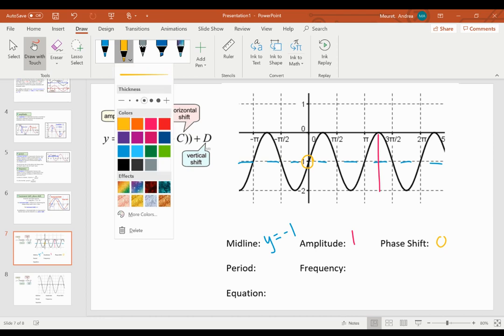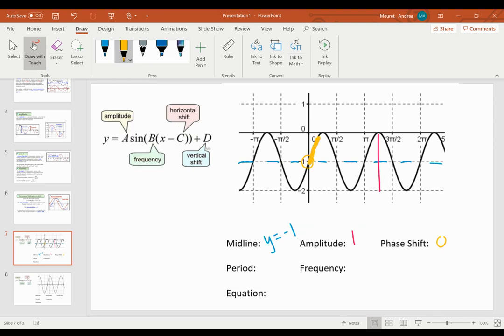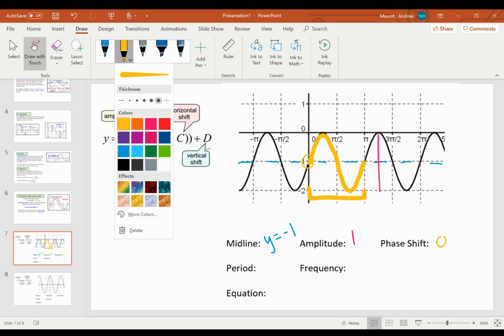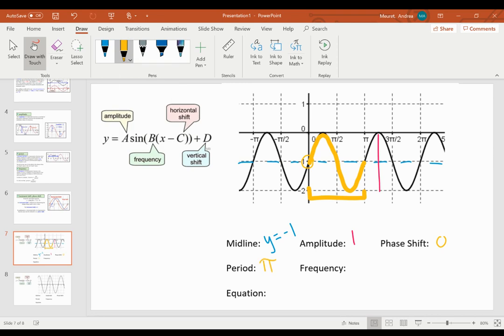The period is the distance it takes for a function to complete one full cycle. If this starts at the midline and goes to the maximum, then the minimum, and then back to the midline, that's one cycle of this sine function, and it has a horizontal distance. From 0 to pi is a distance of pi, and so the period is equal to pi.